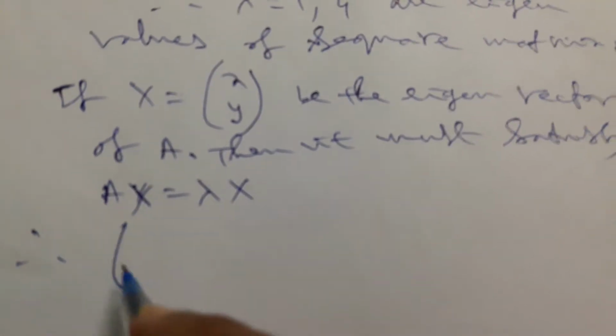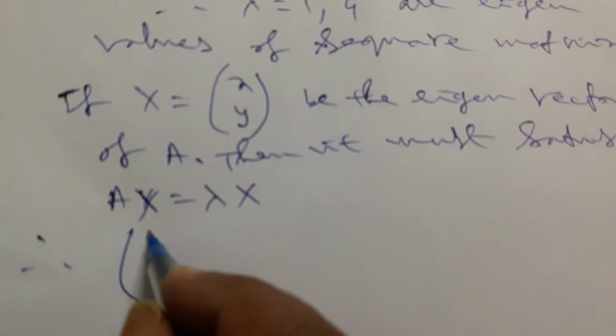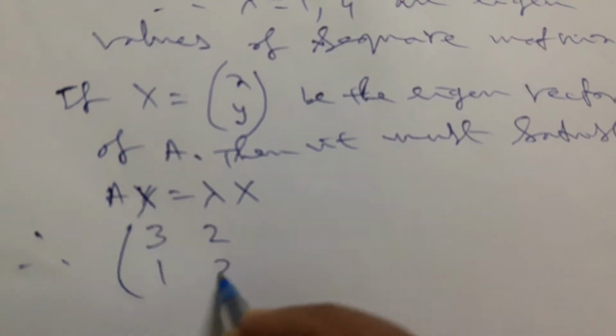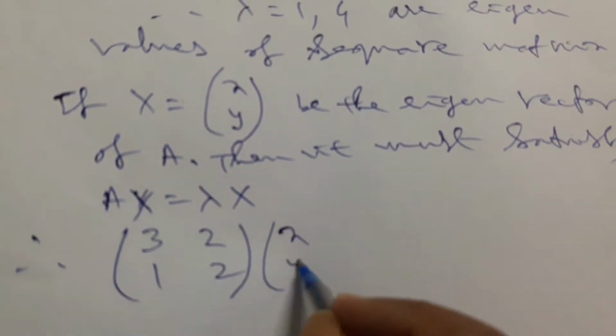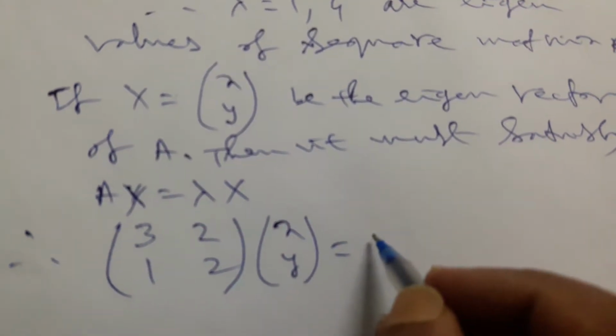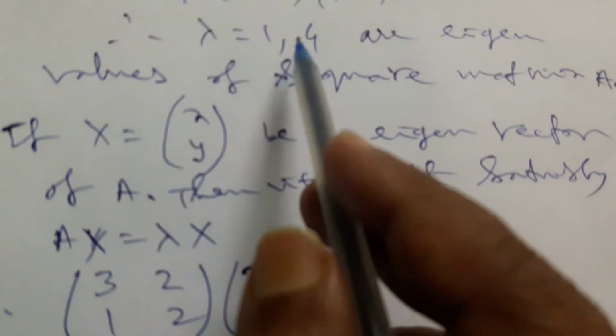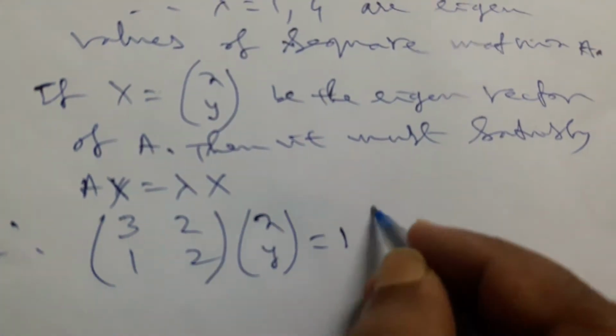Therefore for the matrix A, 3 2, 1 2, and X, at first we take the eigenvector corresponding to eigenvalue 1, that is 1 into (x, y).